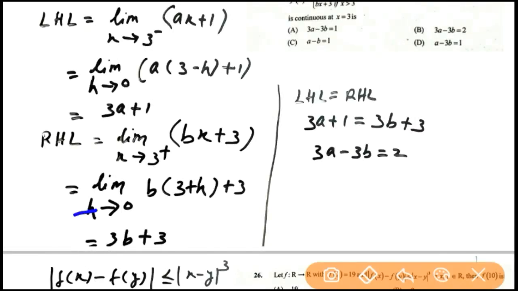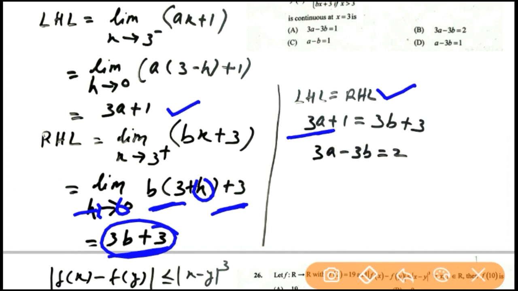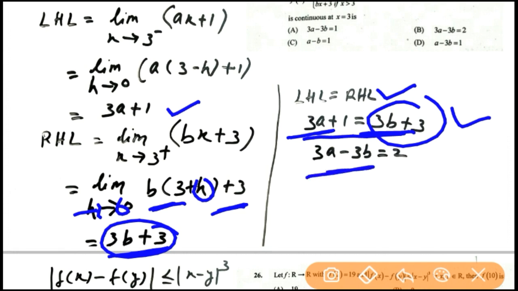By putting h equal to 0, we will get 3b plus 3. Now we will equate LHL equal to RHL. LHL is 3a plus 1 and RHL is 3b plus 3. So by equating this, we will get 3a minus 3b equal to 2. That is option number B is the correct answer.